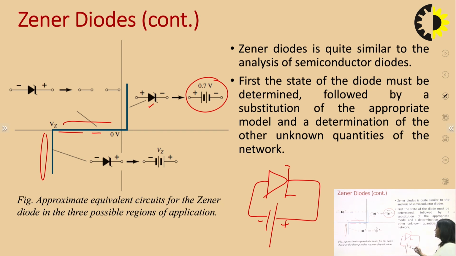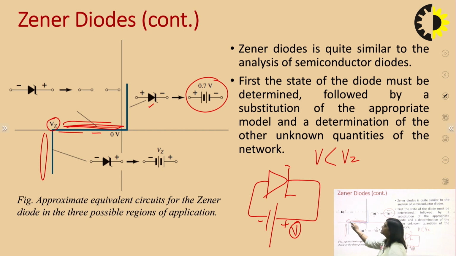This applied voltage is V, and if this voltage is less than VZ, the breakdown voltage of the Zener diode, the Zener is working in this region. This horizontal axis is the reverse bias voltage that we are applying across the Zener diode, and if this reverse bias voltage is less than VZ, the Zener is working in this region.